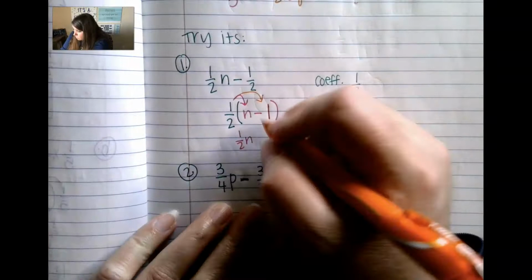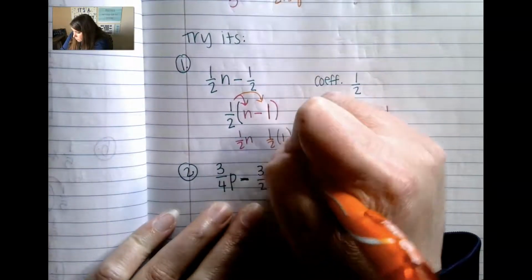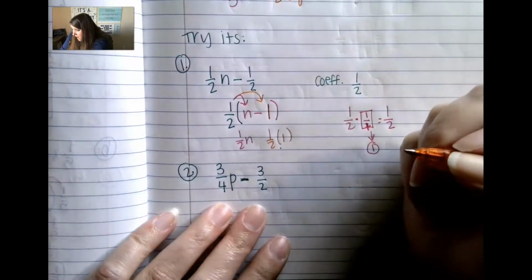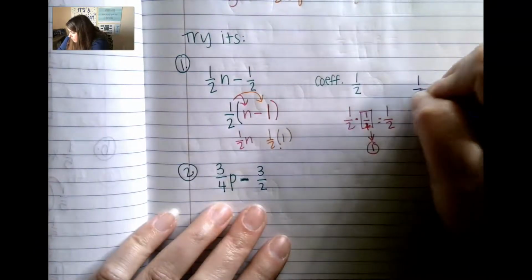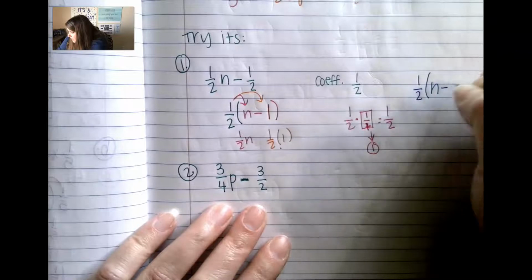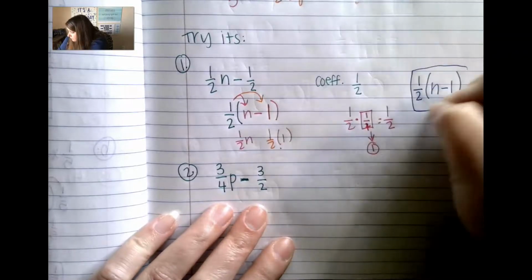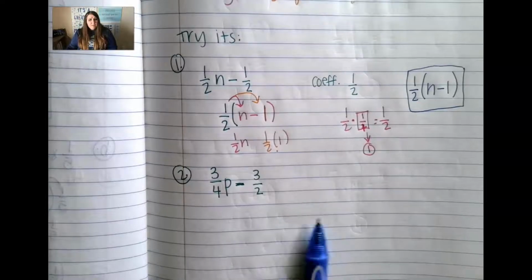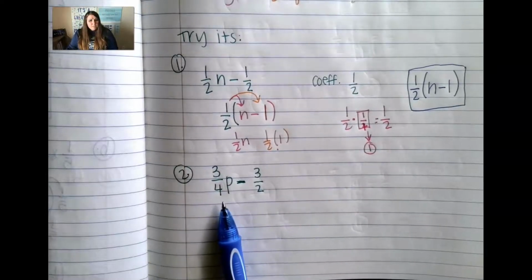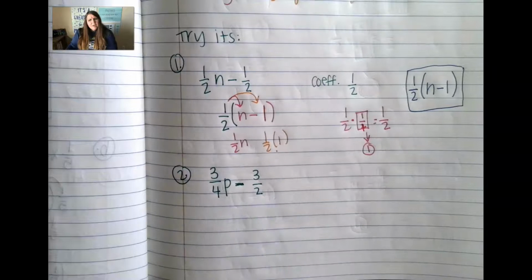So 1/2 times 1 is 1/2. So my answer to this is I have 1/2 times n minus 1. That is that problem. And now we're going to factor out 3/4 and figure out how to get to 3/2. That's weird.